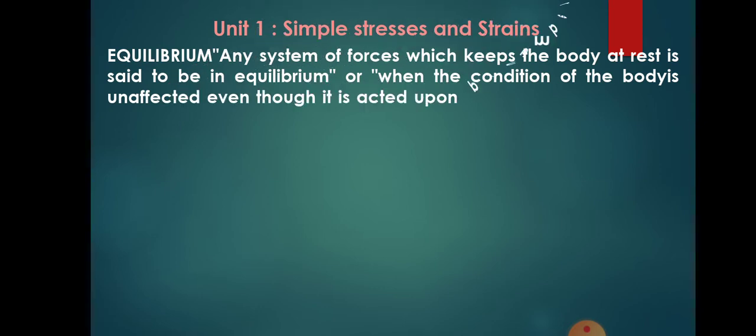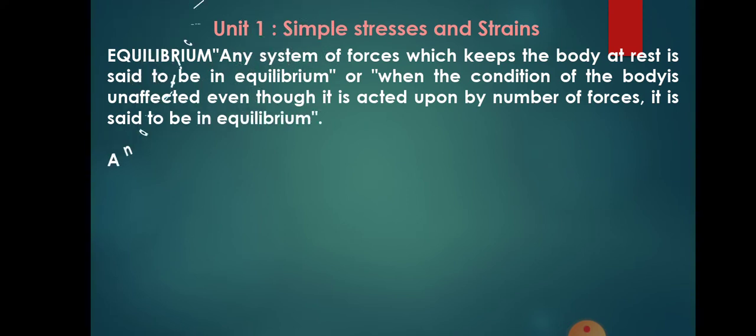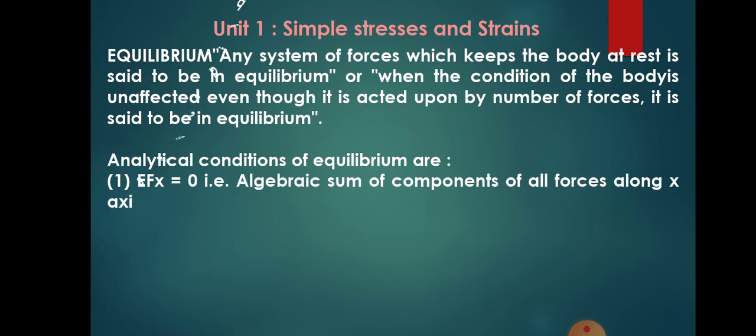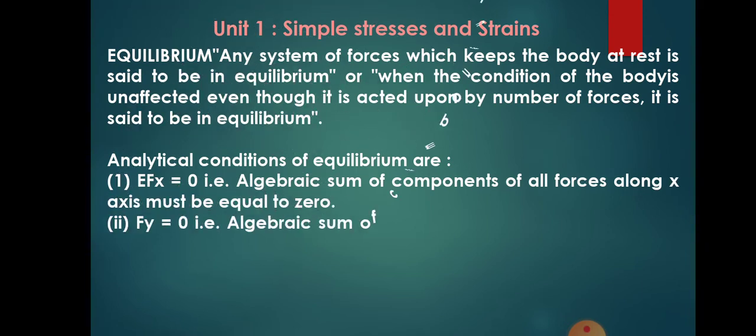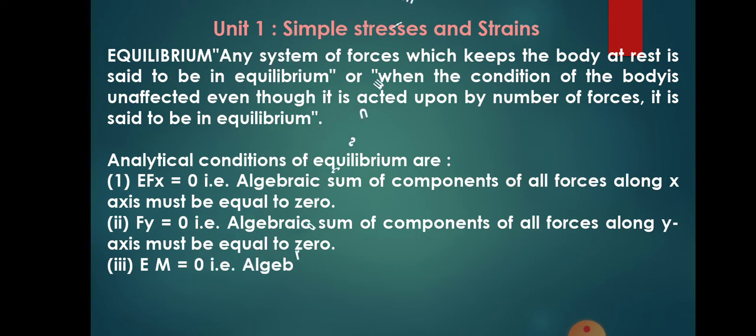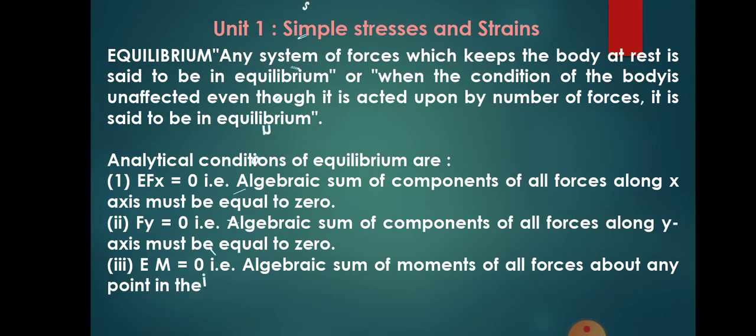When the condition of a body is unaffected even though it is acted upon by a number of forces, it is said to be in equilibrium. If a body is in equilibrium, it means the external acting force and the internal resisting force become balanced, so the net is zero. So when both forces, internal resisting force and external force, are balanced, then the body is said to be in equilibrium.